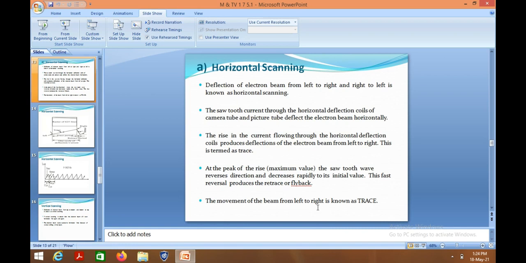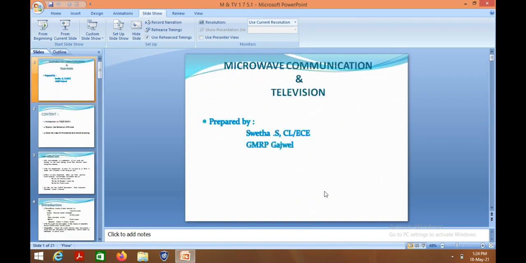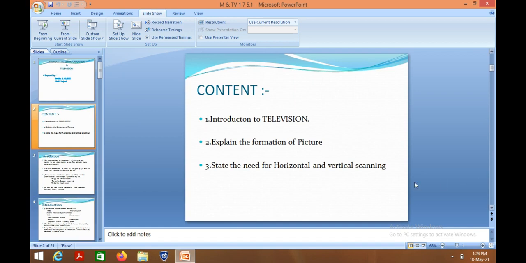So this is all about the introduction to television, explaining the formation of picture, and stating the need for horizontal and vertical scanning.